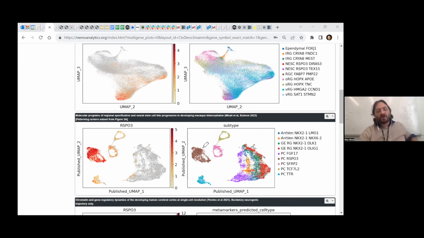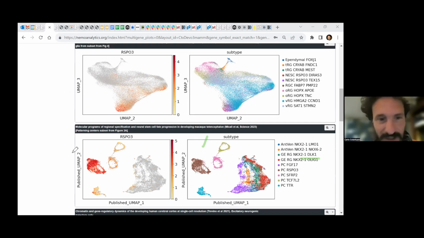It's posterior. Blazing. So these are all subsets of his data, right, of the macaque atlas that were different subsets used in the paper. These are organizers. These are the radial glia, and here's that ASP23 positive cluster of hem-related cells.